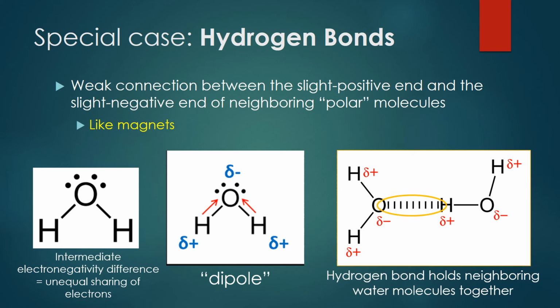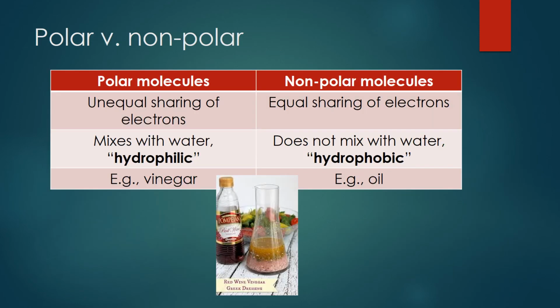This hydrogen bond is holding neighboring water molecules together. It's not a very strong type of bond, but it's important for a discussion of water's special properties. Because of the hydrogen bonding that water molecules tend to participate in, they are very good at dissolving similar polar molecules.